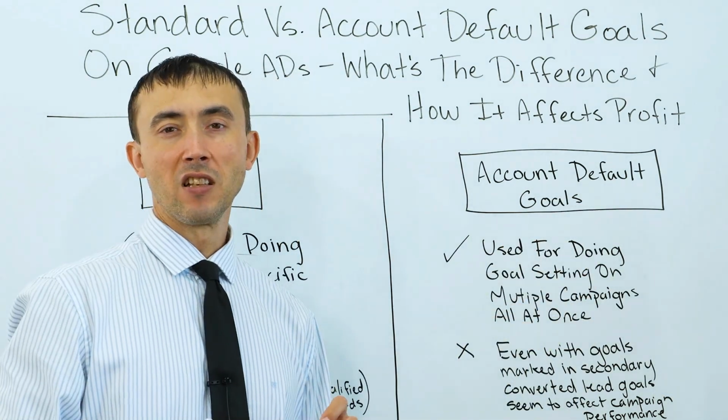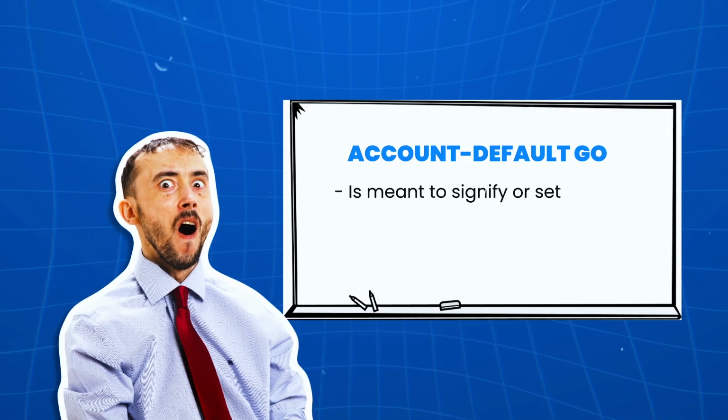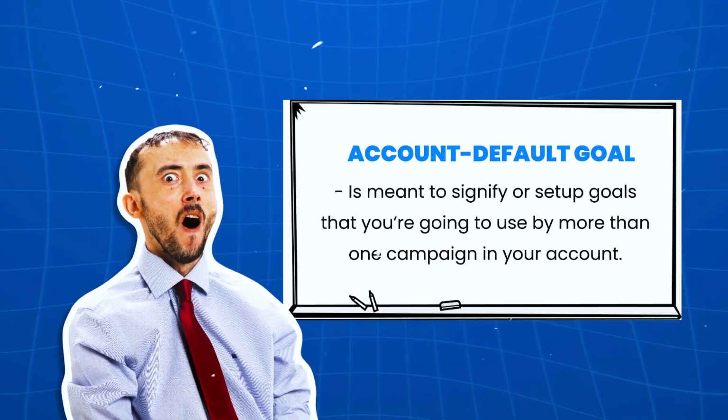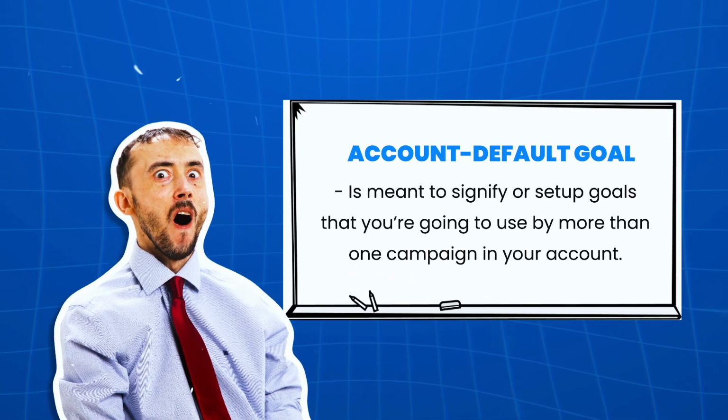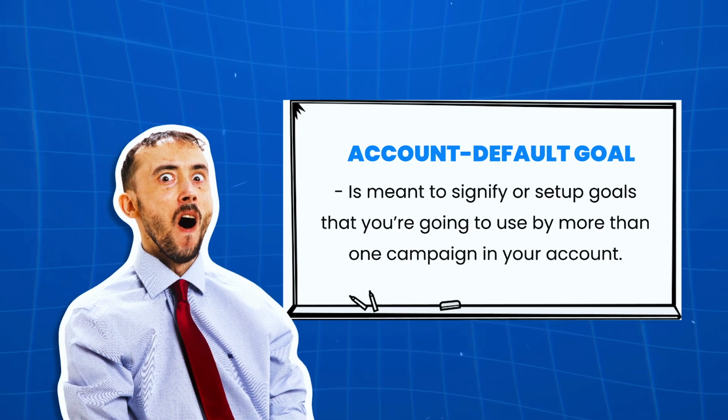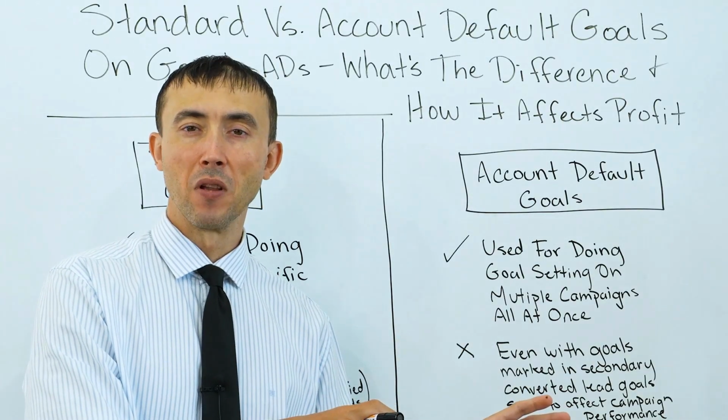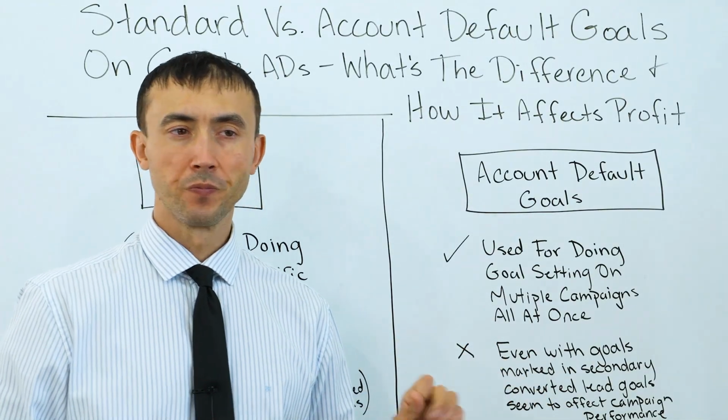So realistically, an account default goal is meant to signify goals that you're going to want used by more than one campaign in your account, or basically all of them, just to make this simple.